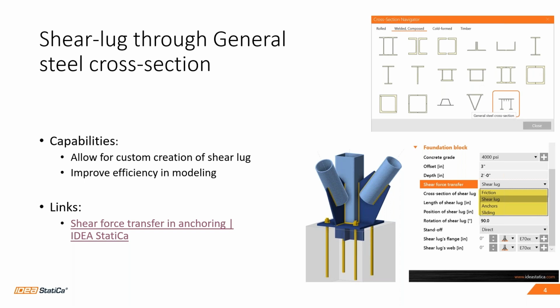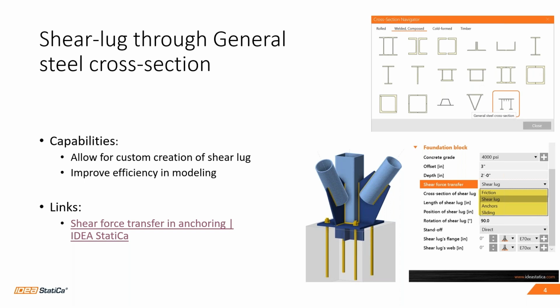For sliding, this is mainly for member application, when we're trying to work with sliding supports. For the purpose of this webinar, we are focusing on the shear lug for this demo. The shear lug is simulated as a stub or part of a member, and it is encased in the concrete under the base plate.